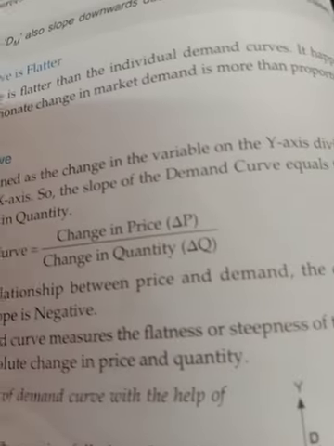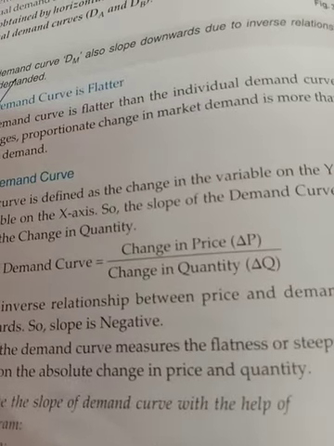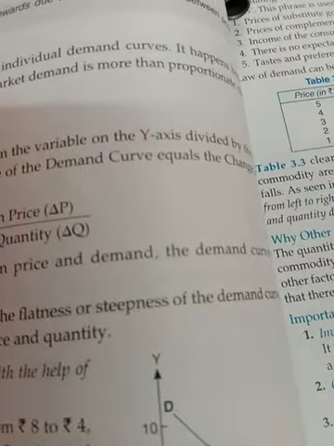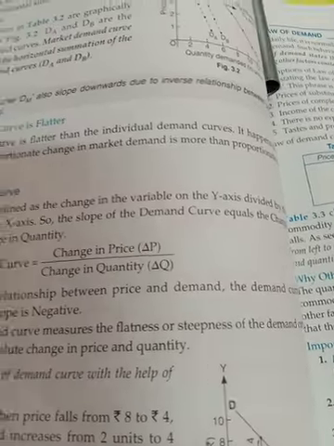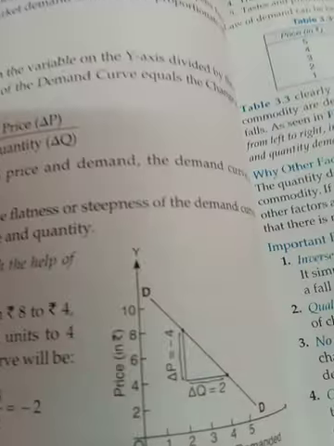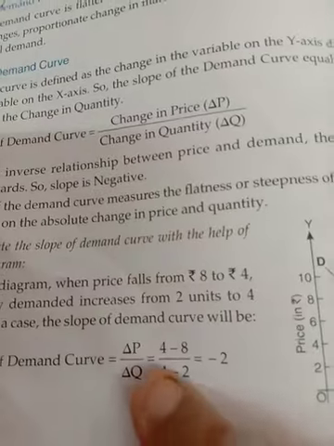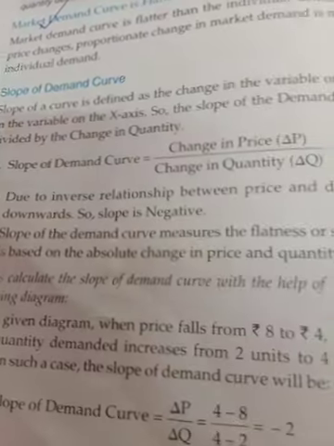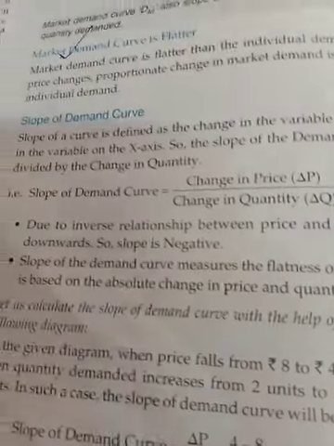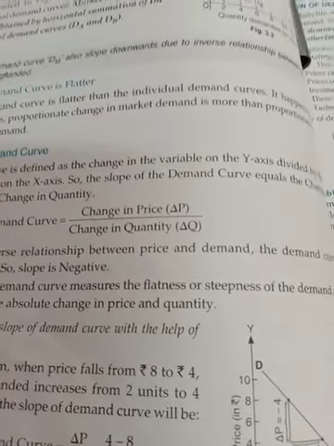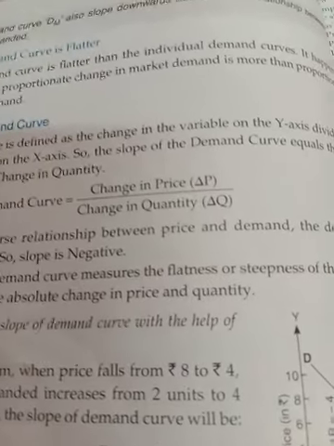As you see, the negative is not mentioned there. This is the diagram they have made, with change in P upon change in Q. Definitely change in P is minus as per the example, and you have to calculate the slope of demand curve, which tells the steepness and flatness of the demand curve only, and tells the absolute change. It does not give anything in the way of proportion or percentage.